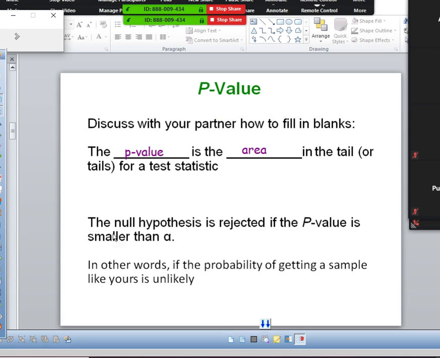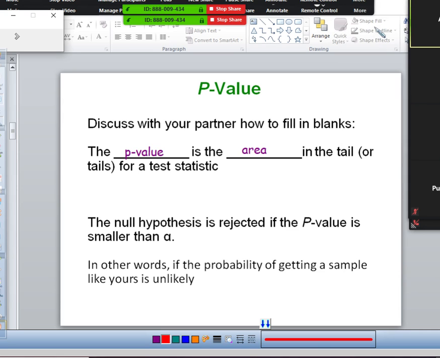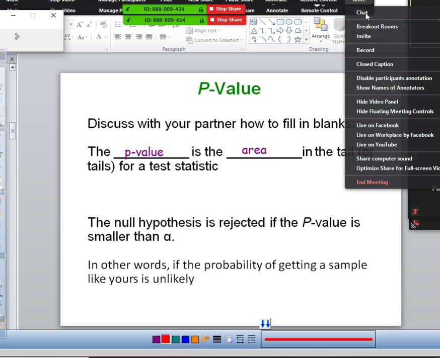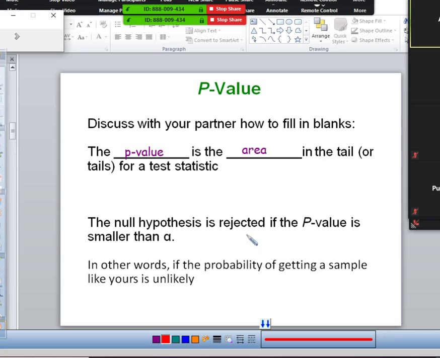And again, remember, we're going to reject the null hypothesis if the p-value is less than alpha. What's our guideline for unusual typically? Unusual is if it is 5% or less. Yep, 5% or less, perfect. So usually our alpha is 5%. But alpha can change. It can be 10% or 1%.